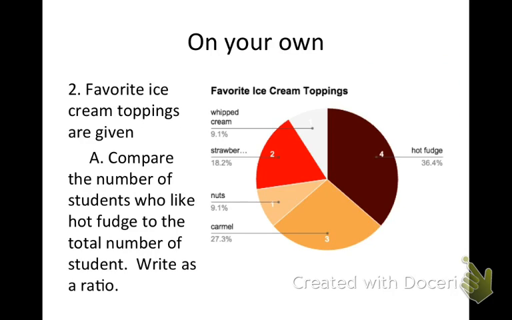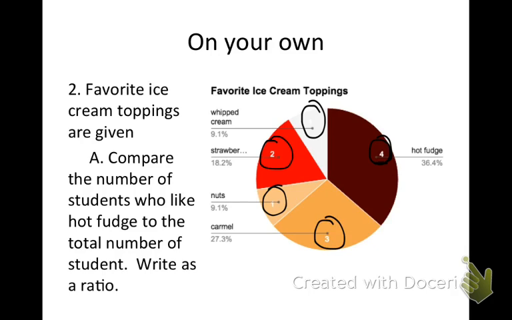Here's another one for you to do on your own. So favorite ice cream toppings are given. All right, so you're just going to write down on your own. Number 2, you don't need to write down or draw the picture. Just give me an answer. So compare the number of students who like hot fudge to the total number of students and write that as a ratio. So if you notice inside the box, these little numbers are how many. So that's a 1.